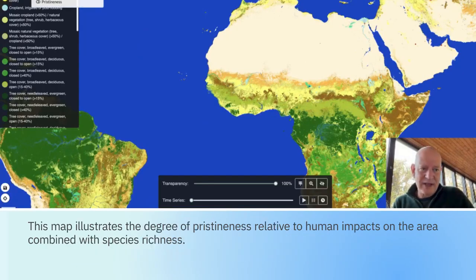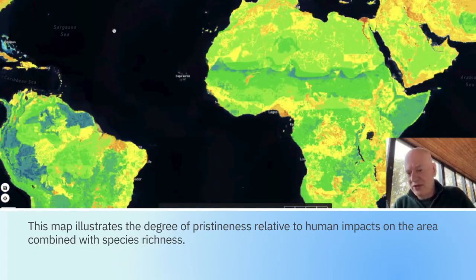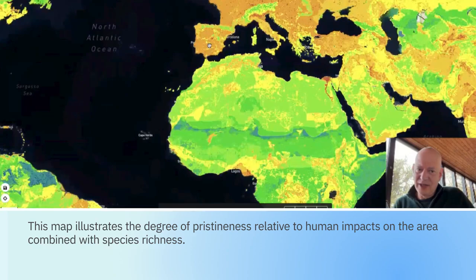biodiversity details. From this and from other data sources, we have generated a thing called the Normative Biodiversity Metric. This is a combination of the degree of pristineness, that is the level of human impact on the area, combined with the expected species richness of an area.